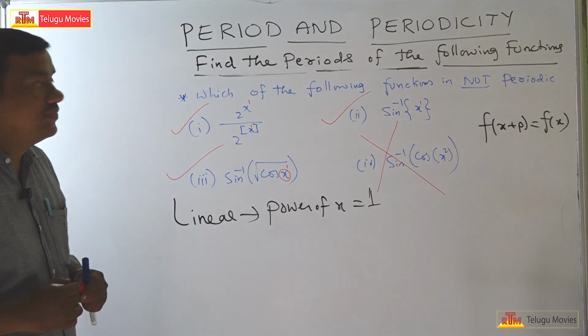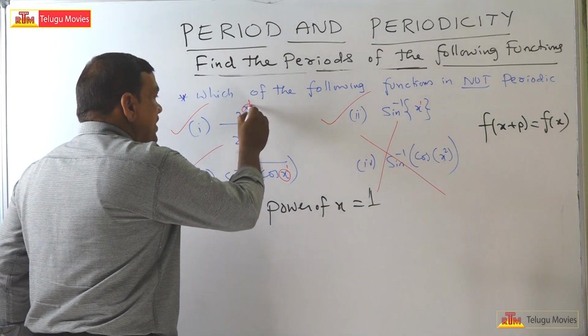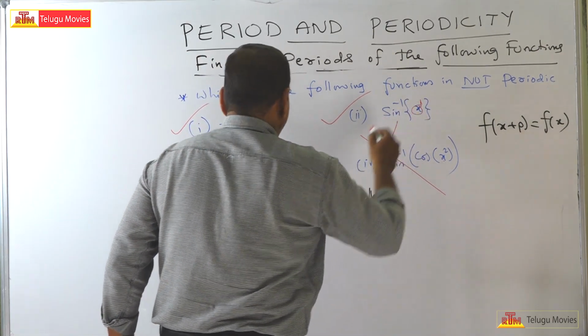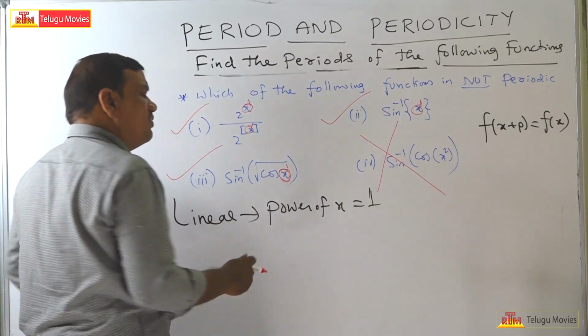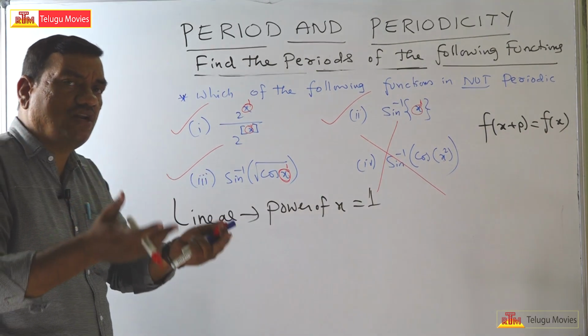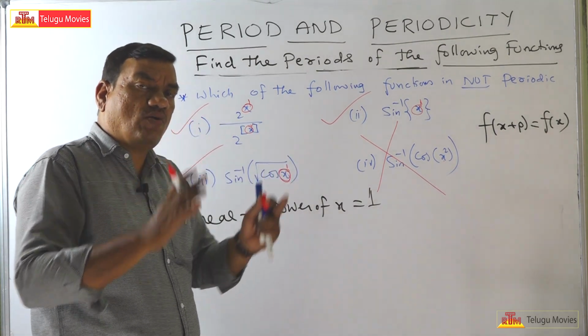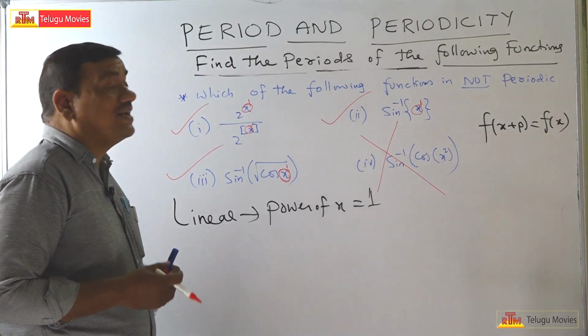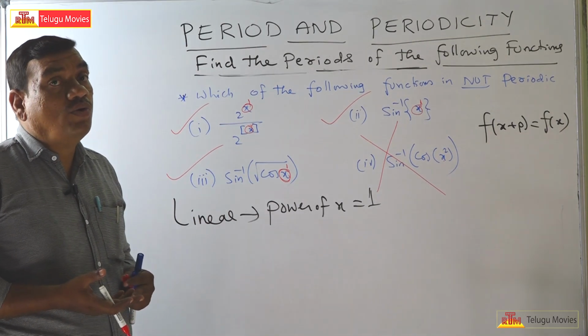Understand here? So the power of x should be 1. Whatever may be there, if it is inside cos, sin or root, it is okay. Otherwise, we can convert it into linear.